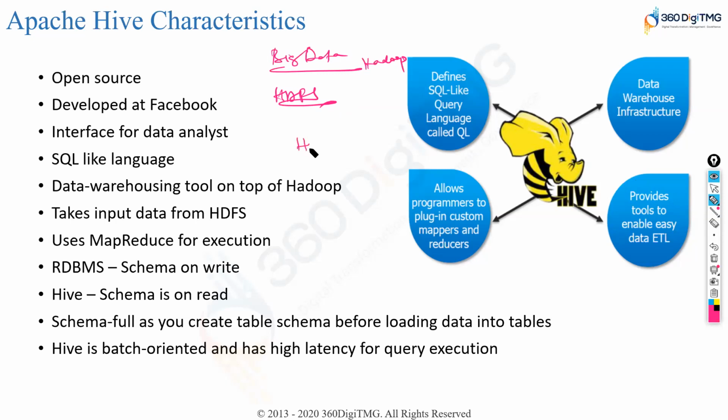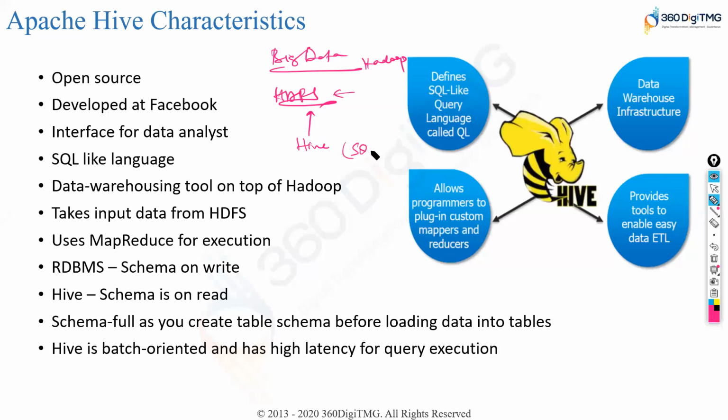Now we use Hive on top of Hadoop, right? And if I have to work with the data which is already loaded into HDFS, data is already stored, you're not storing it now. So if I have to manipulate this data, then I have to read the data first into Hive.